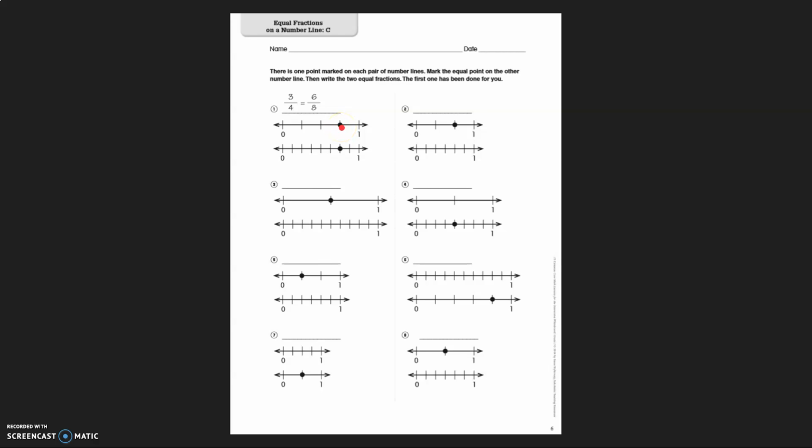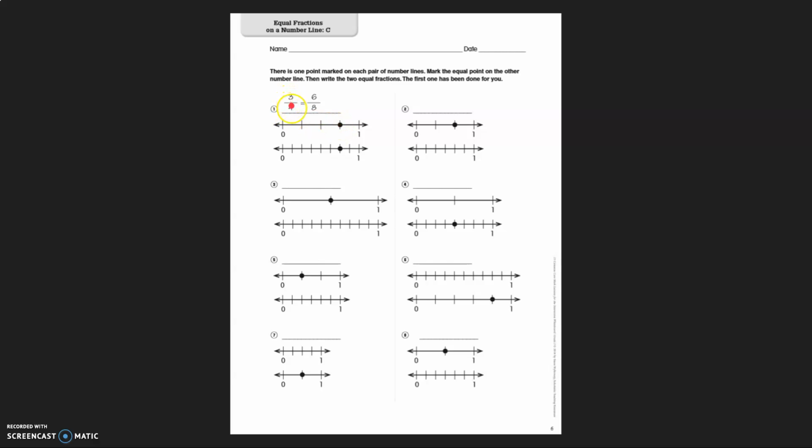Okay, this was here, and then you're to mark the bottom one. Okay, and then you're just to say the top one, the number is 3/4. They got that because it's 1, 2, 3, 4, and 1, 2, 3 to this dot, okay?